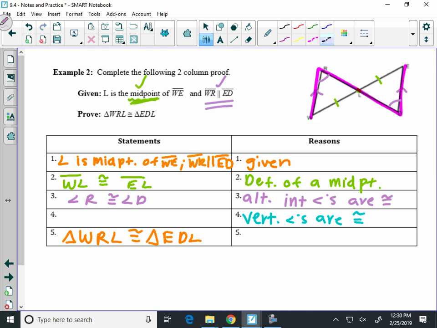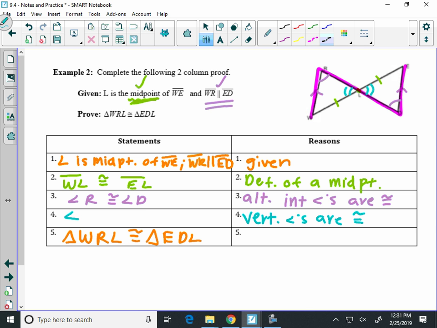And then the last one, vertical angles are congruent. Well, remember the vertical angles are just the angles in the middle. If you're not sure how to name them, at least mark it in your diagram, and that will let you get number 5. If you misname it, still mark it, and that will help you get number 5. I'll name the first one. I'm going to call it angle RLW.